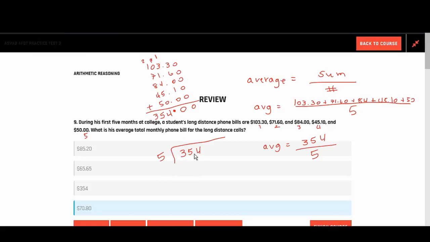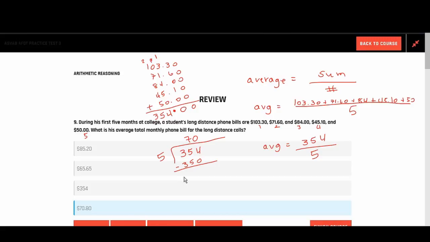I know 5 goes into 35 7 times, so that means 5 will go into 354 70 times without going over. 5 times 70 will be 350.